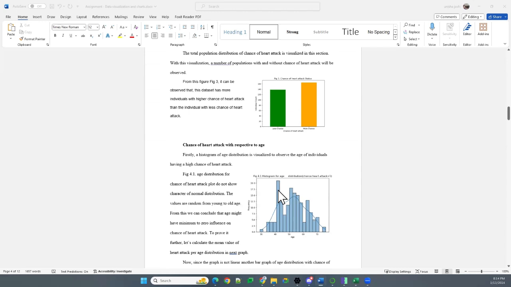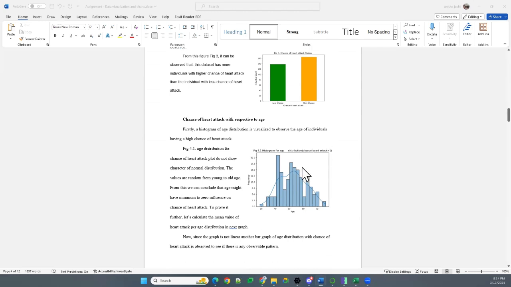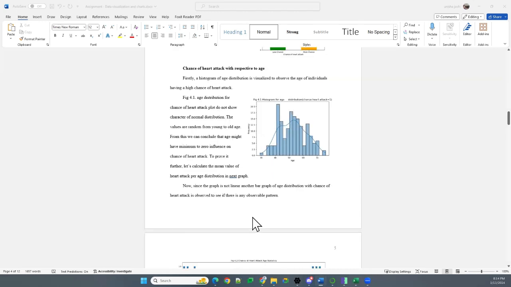Now let's see if there is any relationship of age with the chance of heart attack. If you see this histogram, it is not normally distributed. It is not distributed in any normal or other form. It shows a random character.